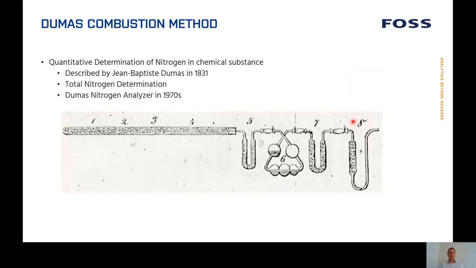The Dumatec is using the Dumas combustion method, and it was a French scientist, Jean-Baptiste Dumas, in the 1800s that made this invention, and the first real instruments became available on the market in the 1970s. Now they call it Dumas nitrogen analyzers.